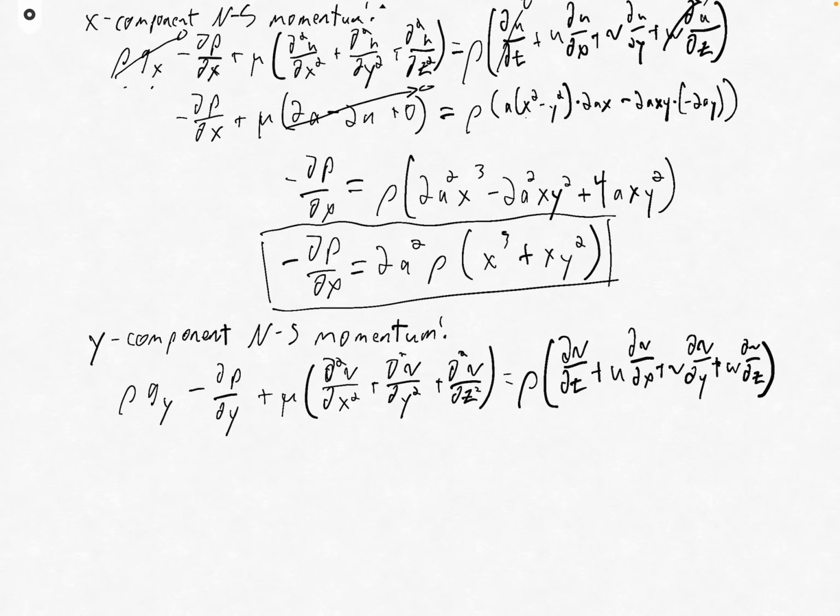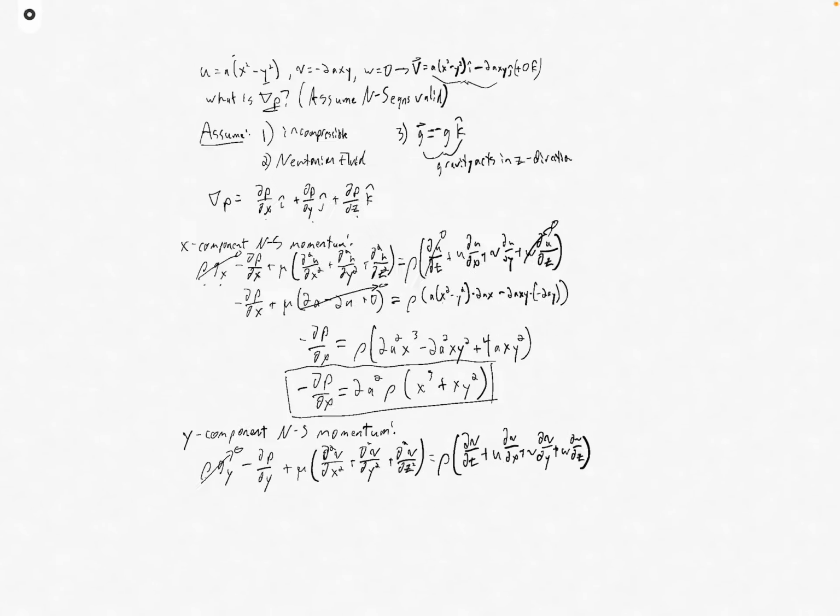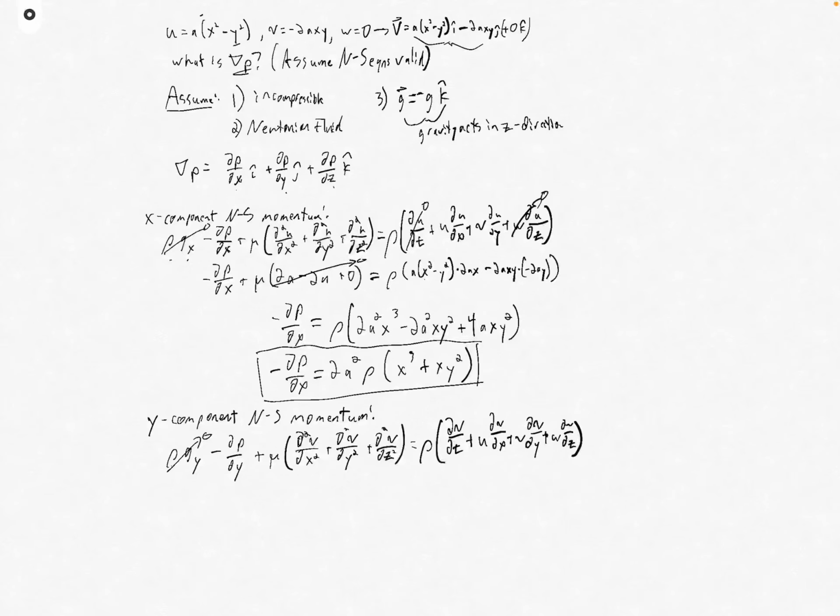See where this is going, I hope. So we're going to drop out terms again, right? So we have rho gy, this is 0. dp dy is the thing we're trying to solve for. Let's look at those viscous terms here. If I zoom out a little bit, we can see that the second derivative of v with respect to x, so if we take the derivative of this once with respect to x, we have minus 2ay.